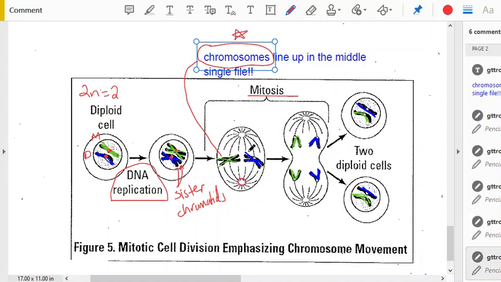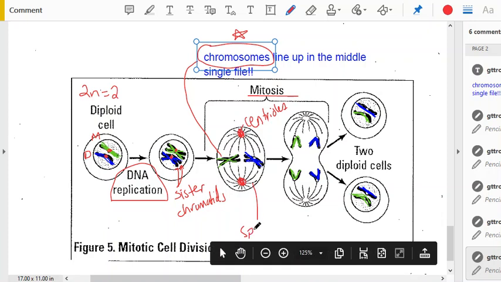These structures here, if this is an animal cell, the ones that I've made those little red dots, you should recognize these as the centrioles. Plants have a similar structure. They're not centrioles, but they also have a similar structure. And all of these little fibers are spindle fibers.